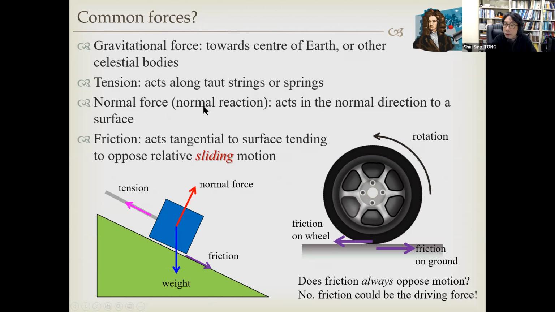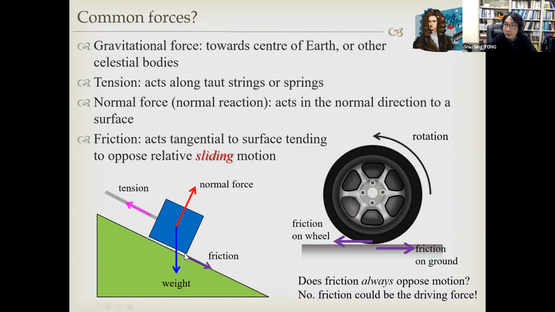The normal force, sometimes called the normal reaction, acts in the normal direction to the surface. If I place the block on the inclined plane, the normal force will act in a direction perpendicular to the plane. That's why it's called normal. Normal means perpendicular to a surface. And what is friction?